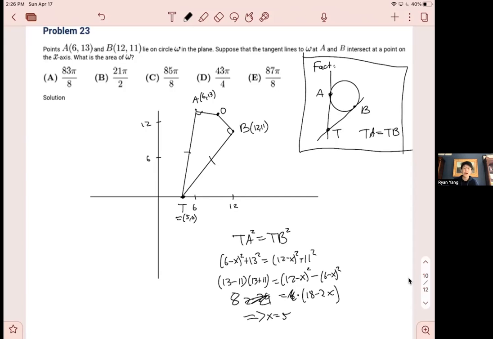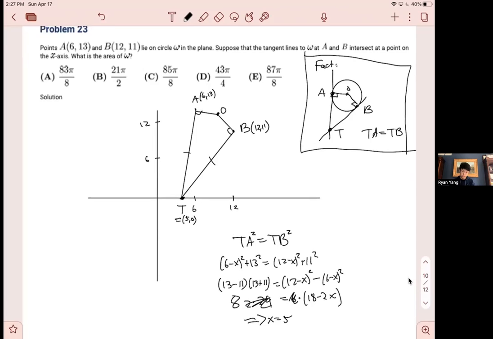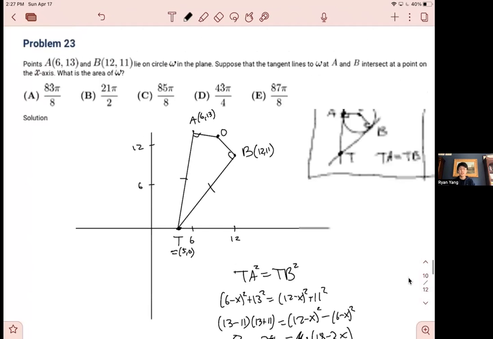Actually, the way I stated it earlier is not how I want to do it. The way I stated it before was that we would consider the line tangent at B, utilizing the fact that OB is perpendicular to BT. But instead, we can do this with the most common trick by far in AMC geometry, which is similar triangles.